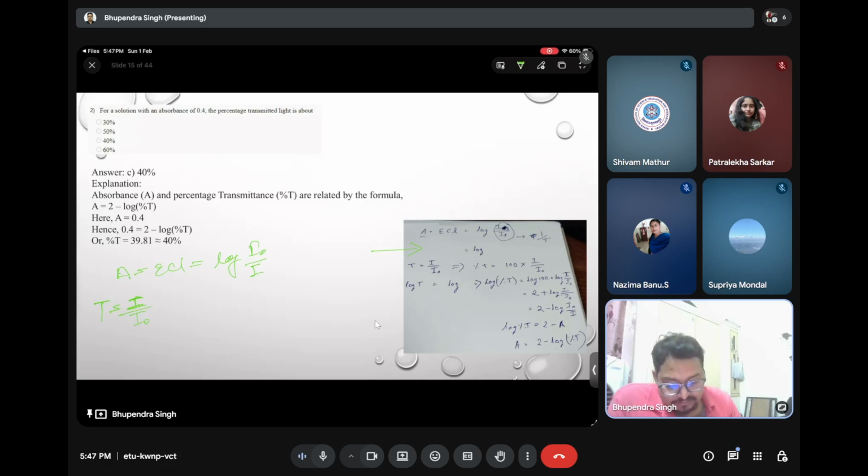Then if you substitute this here, epsilon CL equals minus log T. And percentage of T will be I by I0 times 100. They are asking for the percentage transmitted.